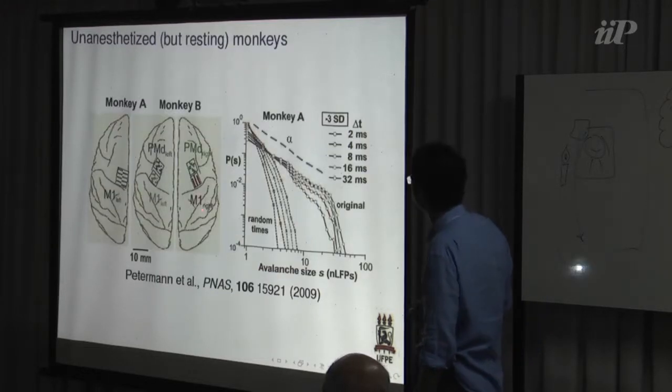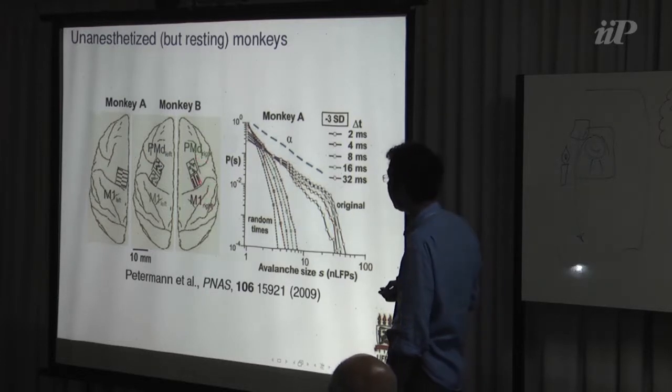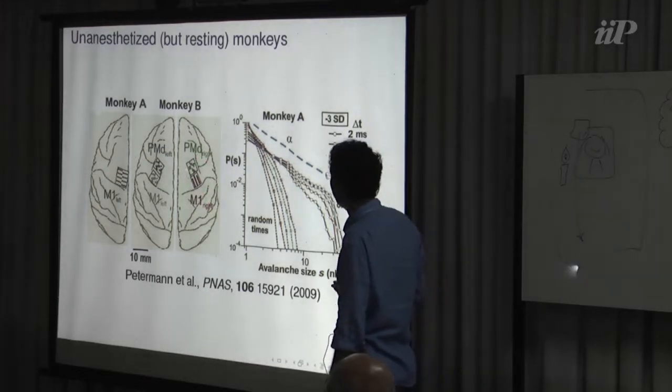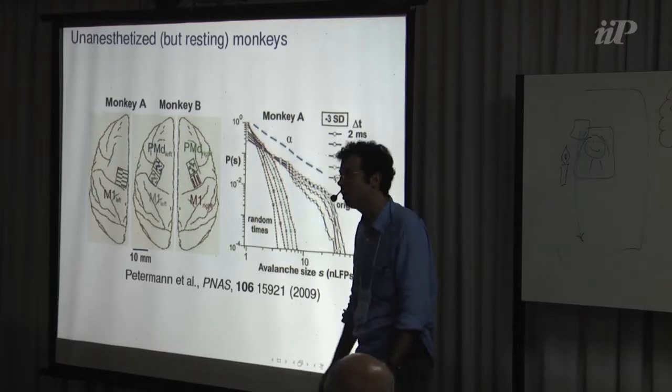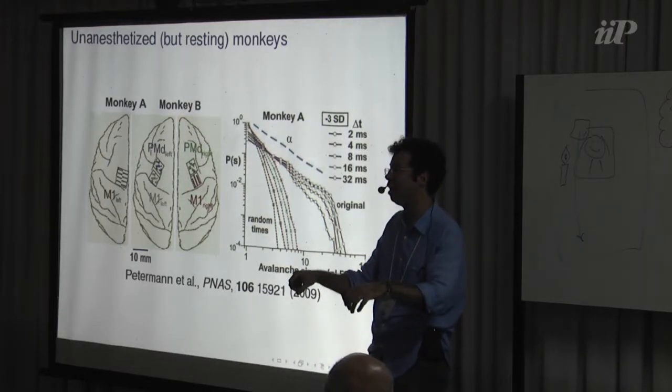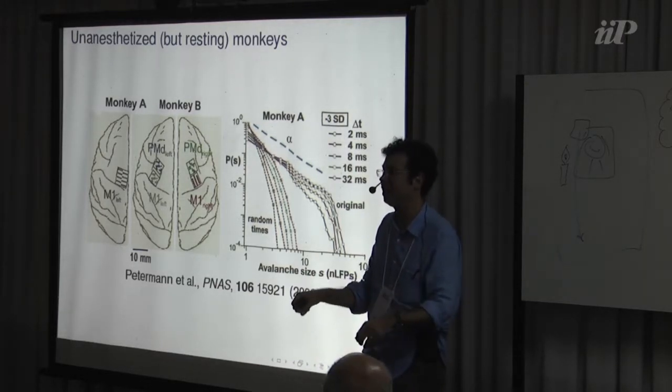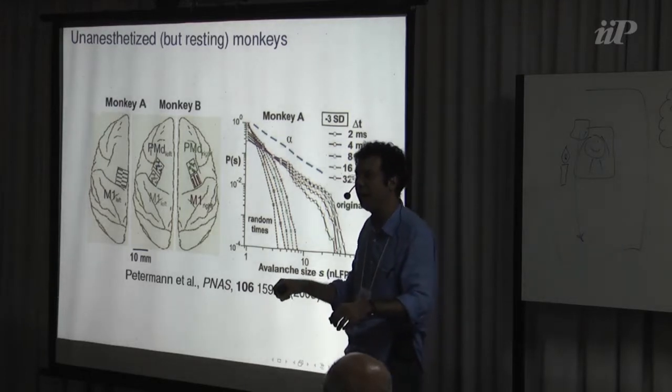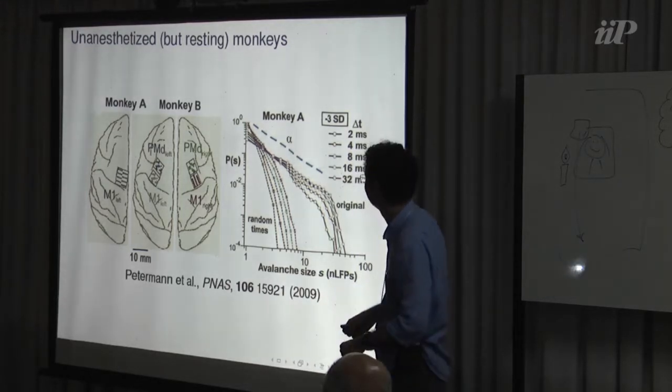And then there was this other paper, I think this is from Nicolelis's lab, where they measure the premotor cortex of monkeys, which are very well-trained monkeys, so they can stay sitting down for hours, just drinking juice, and they'll be quiet.